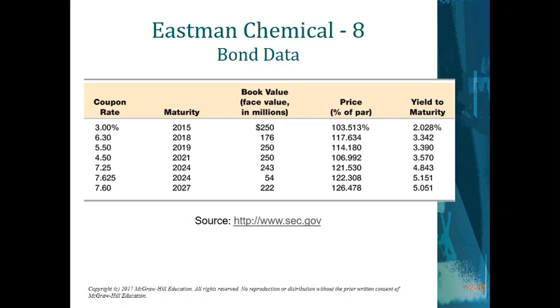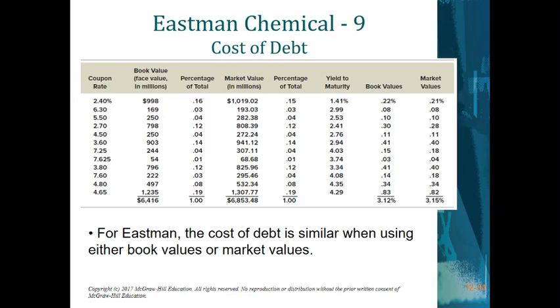All right, here's some information on the bonds. And what they do here is they take the percentage of the total using the market value of the bonds. So that's the percentage of total there. So for that first one, market value 1,019.02, percentage of the total number of bonds is 15%.